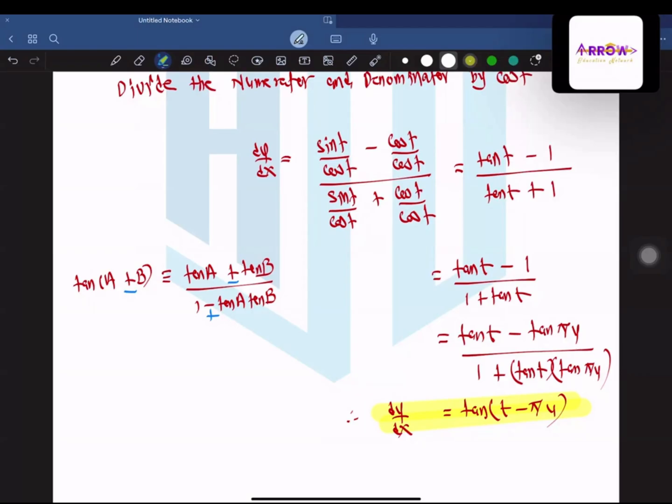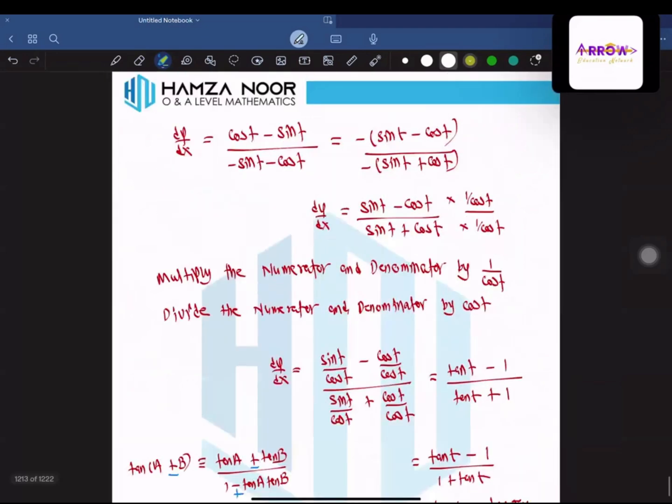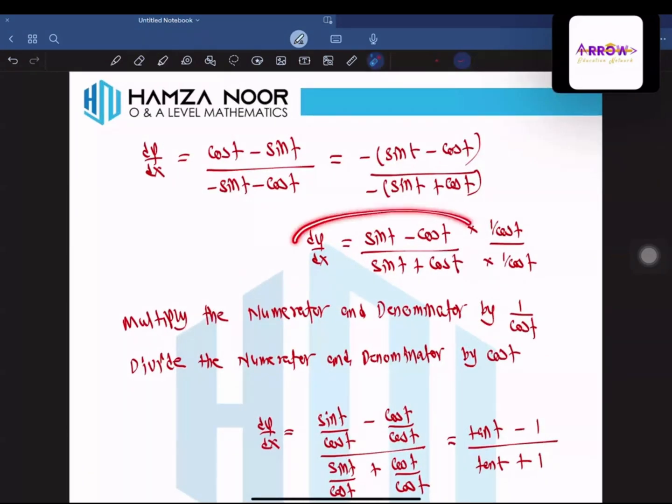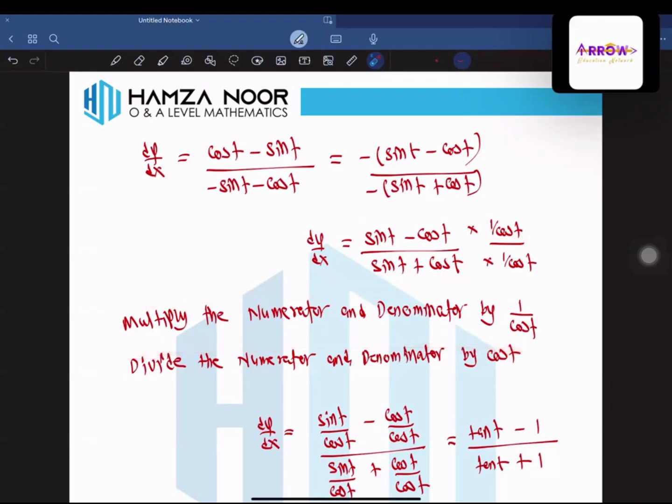I'll make you go through this whole working again. What we did, we achieved this form, dy over dx is equal to sine t minus cos t divided by sine t plus cos t. And then I performed this step, multiply the numerator and denominator by 1 upon cos t, which is exactly the same thing as saying divide the numerator and denominator by cos t. So as you know, I've written multiply by 1 upon cos t, and in the bottom multiply by 1 upon cos t.